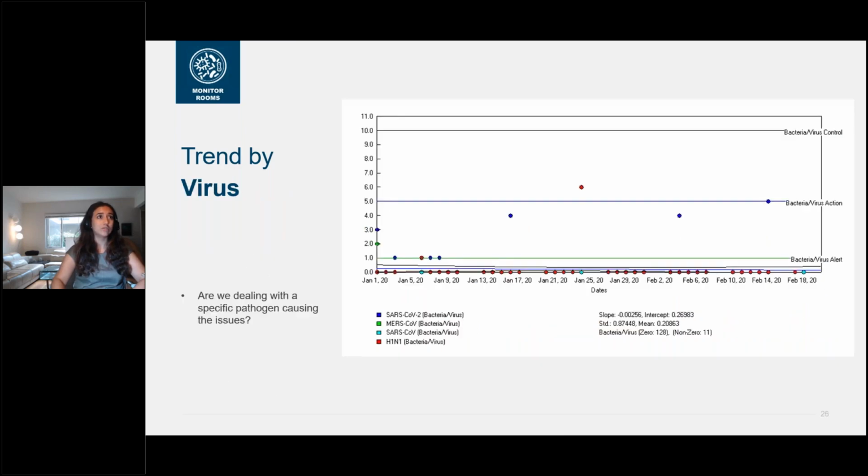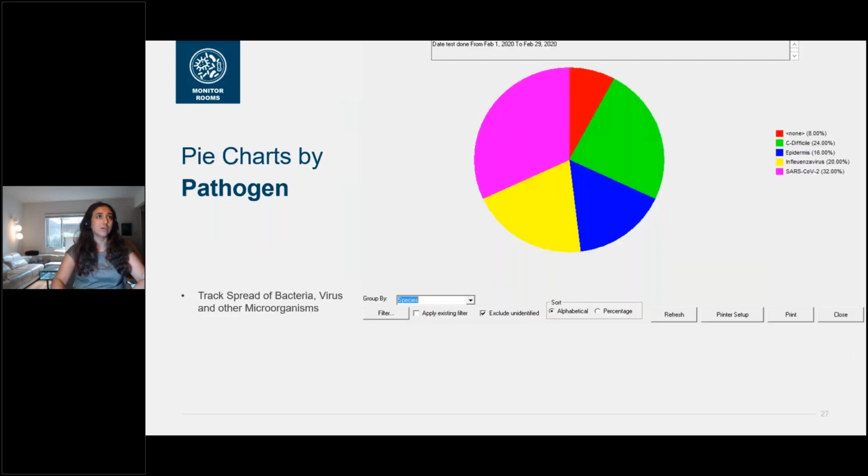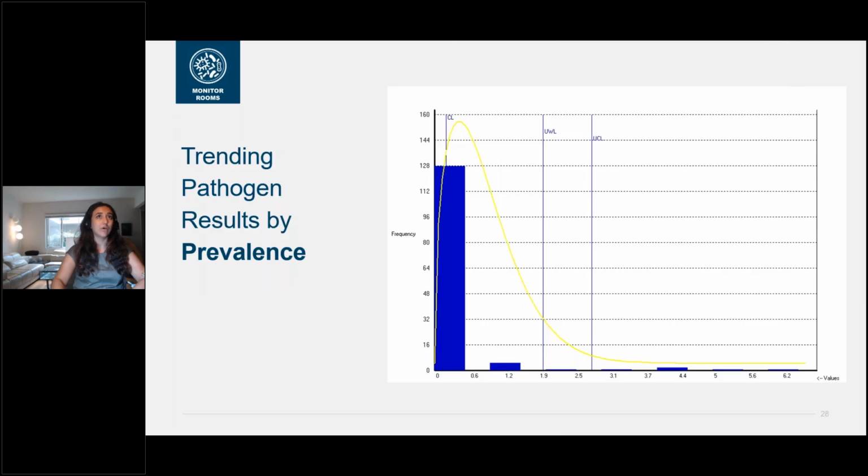You can also trend those. Here we're trending our viruses. You may look at them in a pie chart just to see the percent of distribution of those pathogens. So you may have a normal distribution of microbials, but you're looking at certain viruses that are higher or lower. And then finally, the prevalence. So the prevalence is one thing that will help identify the need for setting alert and action levels that are really specific to your facility, your hospital, and your process.